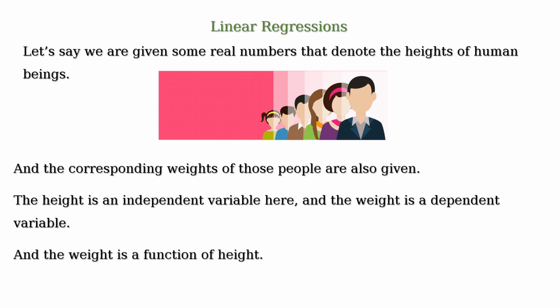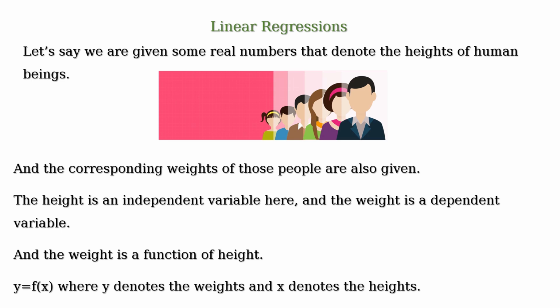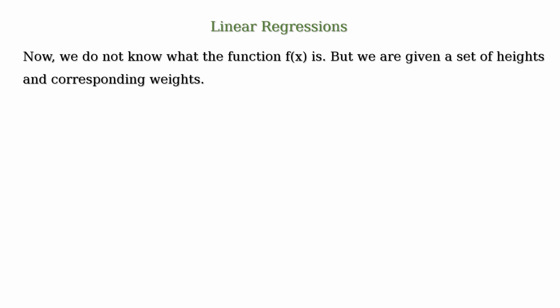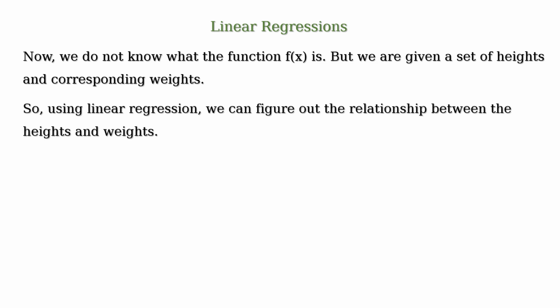In other words, y is equal to f(x), where y denotes the weights and x denotes the heights. Now, we do not know what the function f(x) is, but we are given a set of heights and corresponding weights. So, using linear regression, we can figure out the relationship between the heights and weights.